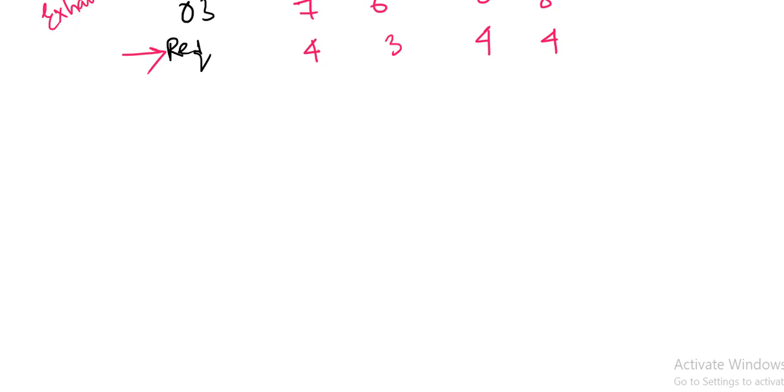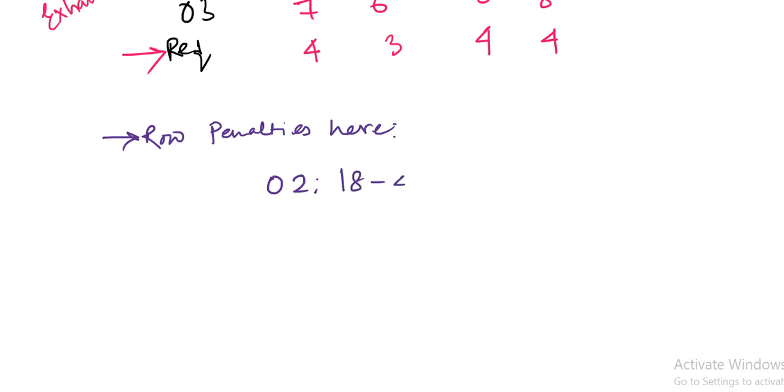Row penalty is here: origin 2 equals to mod 8 minus 4 equals to 4, origin 3 is 7 minus 6 equals to 1.